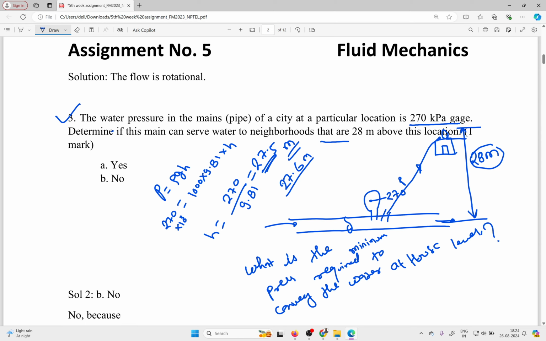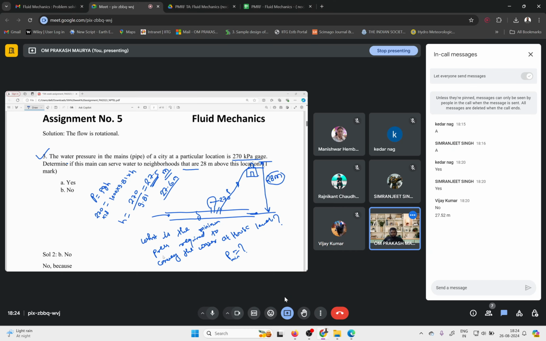So this is the question. Please try to calculate. I need the minimum pressure. Just write your answer in the chat box. Anybody, if you want to calculate, write your answer in the chat box.